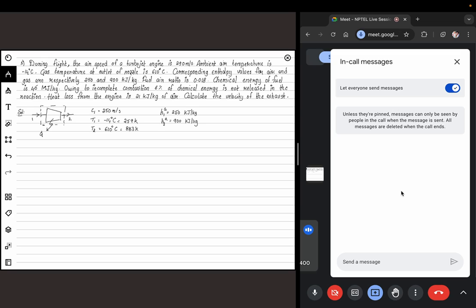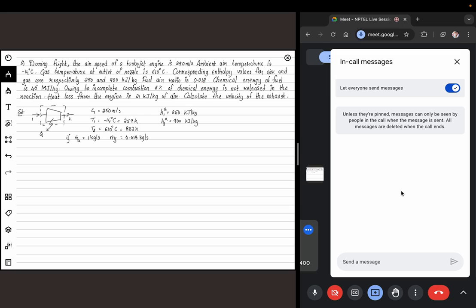It is given that the fuel to air ratio is 0.018. So suppose air is 1 kg per second, then fuel is going to be 0.018 kilogram per second.